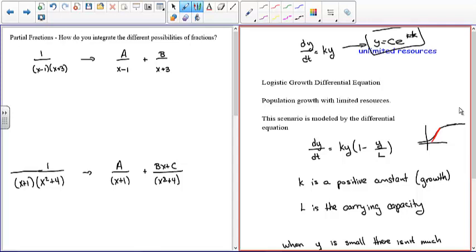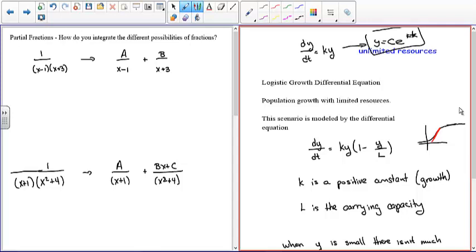When the population is small compared to the carrying capacity, you basically ignore that term, and you end up with the differential equation at the top. So when you're first starting out in this kind of situation, the function grows exponentially.